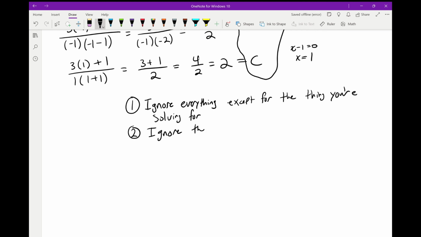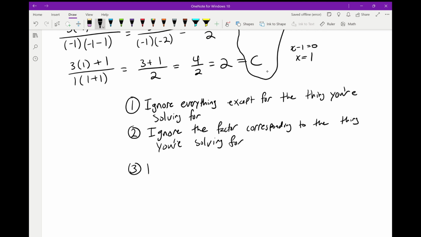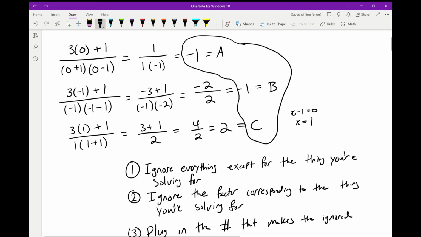Second, ignore the factor corresponding to the thing you're solving for. And third, plug in the number that makes the ignored factor equal 0. Just three steps, and you're basically done with this.